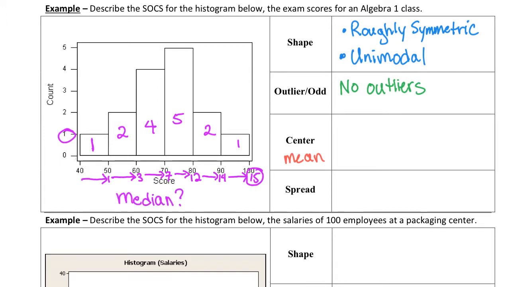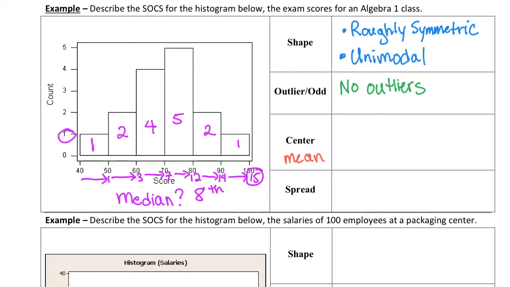Figuring out where the median is, remember 15 minus 1 is 14. So 14 divided by 2 is 7. That means I need 7 numbers below my median and 7 numbers above the median. That means my median is going to be actually the 8th number in this set. So at the 8th number, there will be 7 numbers below that and 7 numbers above that.